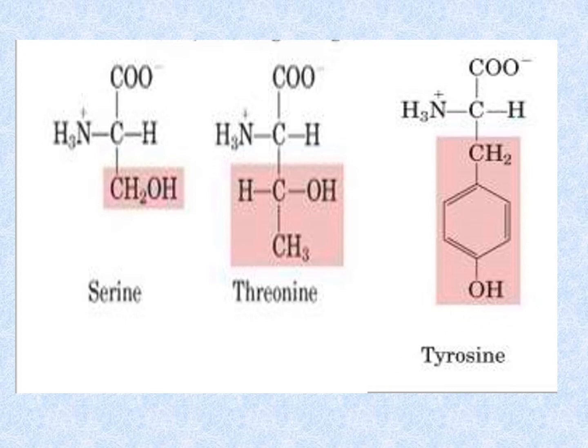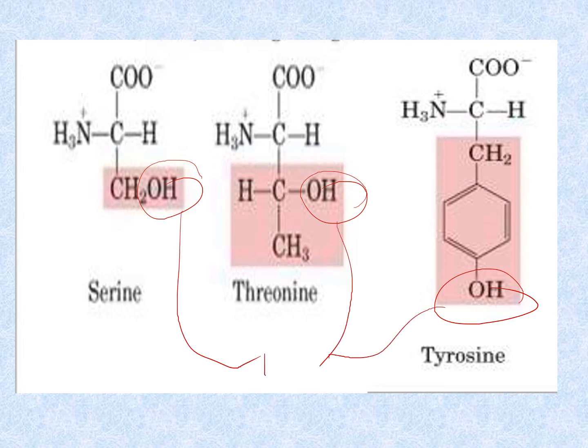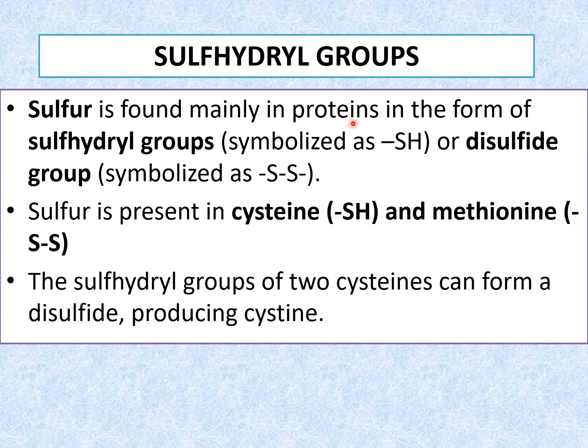So with the presence of hydroxyl groups in the side chain of the amino acids, the amino acids now have the capability to interact with water, can form hydrogen bonding with water. Now, the first functional group that we will be reviewing is the sulfhydryl group.